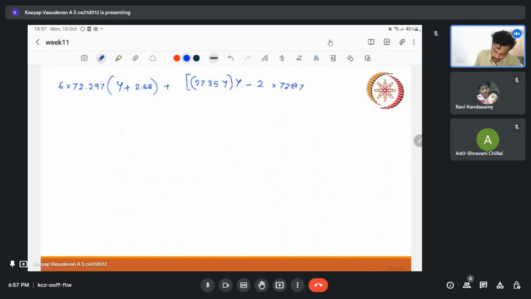This whole square, divided by pp1, that is 27.35 y plus 269.25, plus pp2, that is 27.35 y.